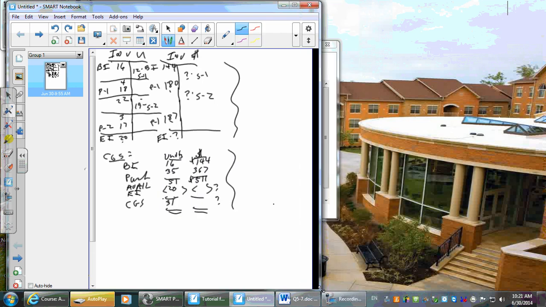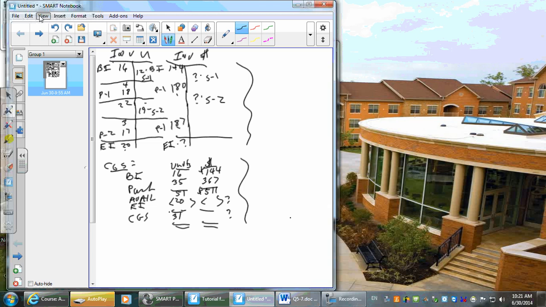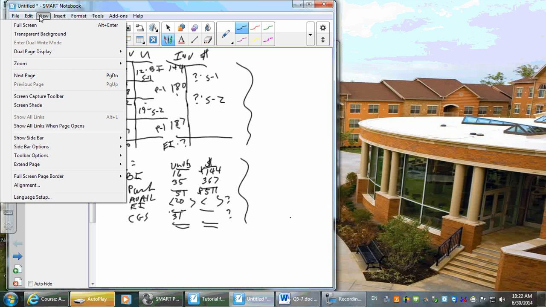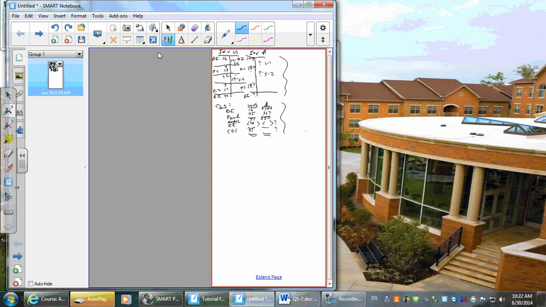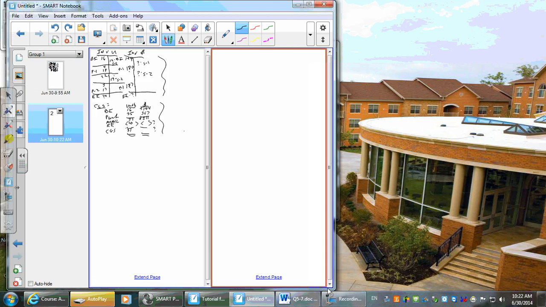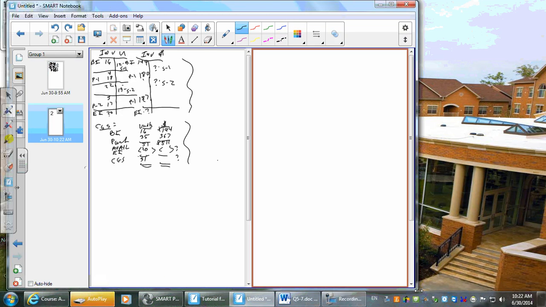There was a way I could split the screen, wasn't there? Dual page display on. All right. And then let's add a page somewhere here. Ta-da. Thank you. And then let's do this.